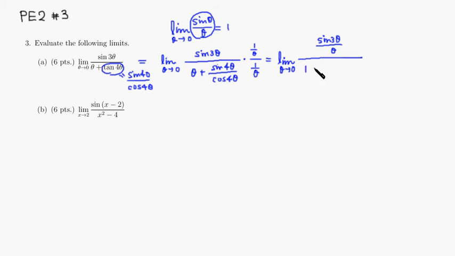and on the bottom, theta divided by theta is 1, which is nice. Then I'm going to split sine of 4 theta and cosine of 4 theta into two fractions. I put the sine of 4 theta here, then the cosine of 4 theta here.